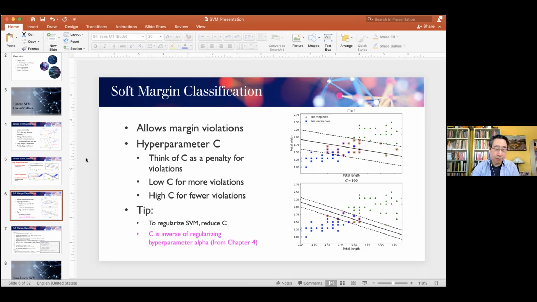If your data has very few outliers, you may get away with a very high value of C. But if your data is very noisy, you probably want a lower value so that it's more averaging the points that are generally near the boundary.